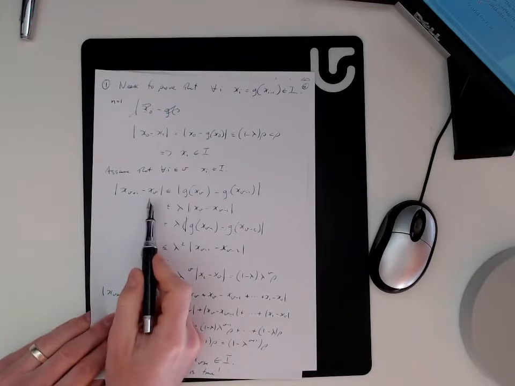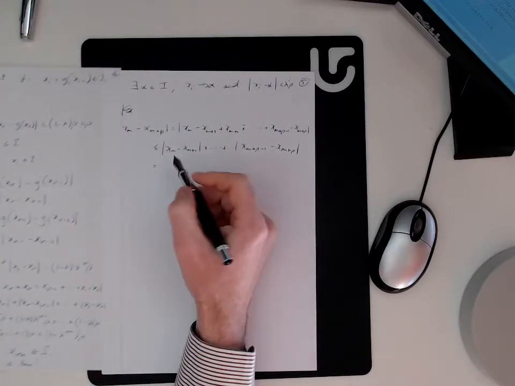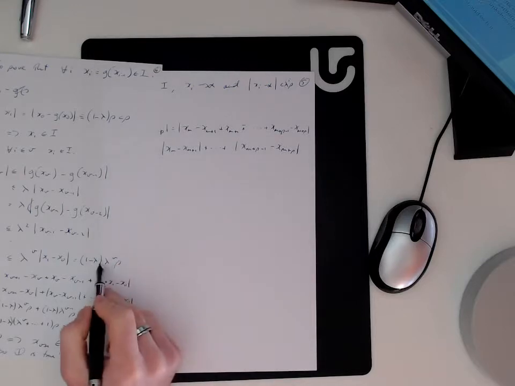We know that the step size of one iterate is bounded by this, so let's put that in. There it is.